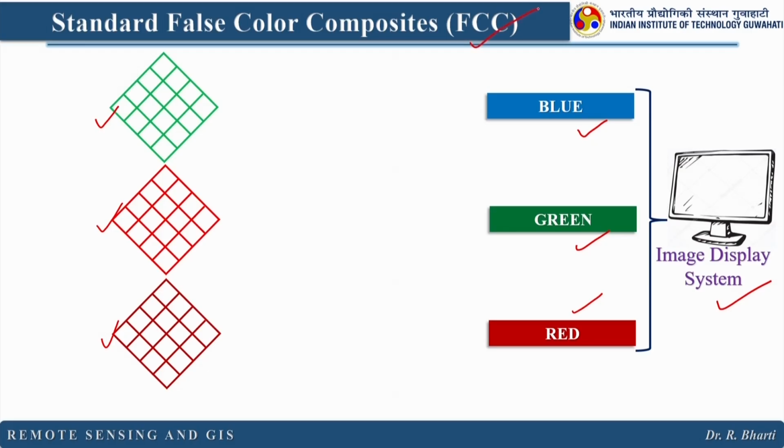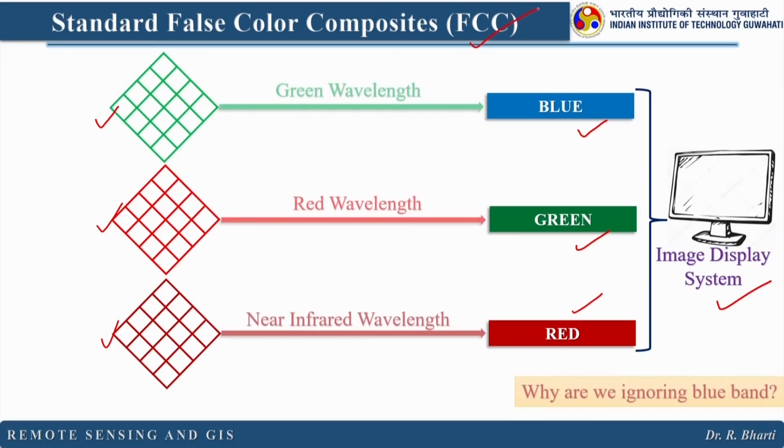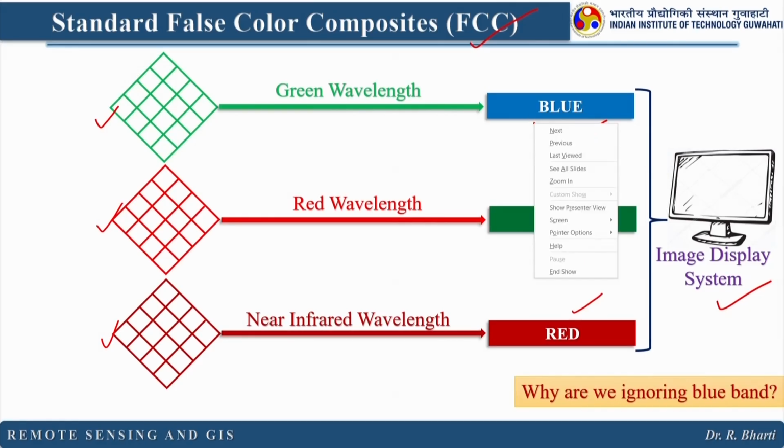To call this an FCC or standard FCC, we need to assign the green wavelength to the blue color of our monitor, the red wavelength to green, and the near infrared wavelength to red. Only if you strictly follow this convention are they qualified to be called standard false color composite. Otherwise, they will have a different name.